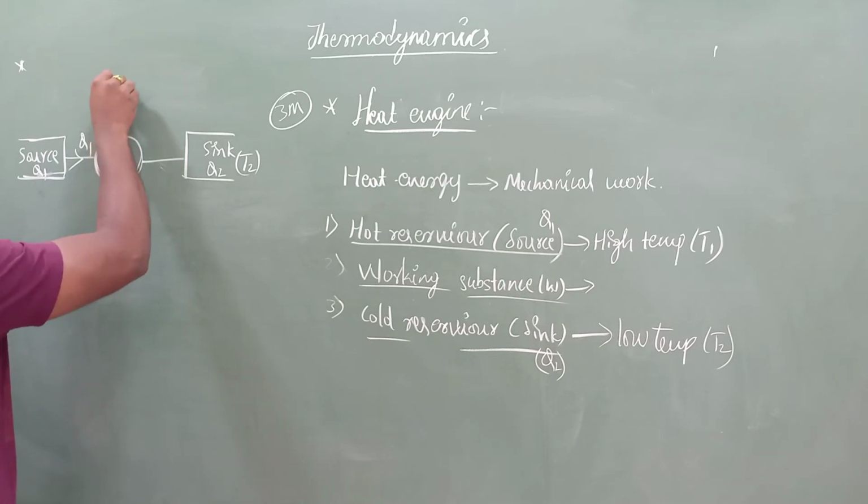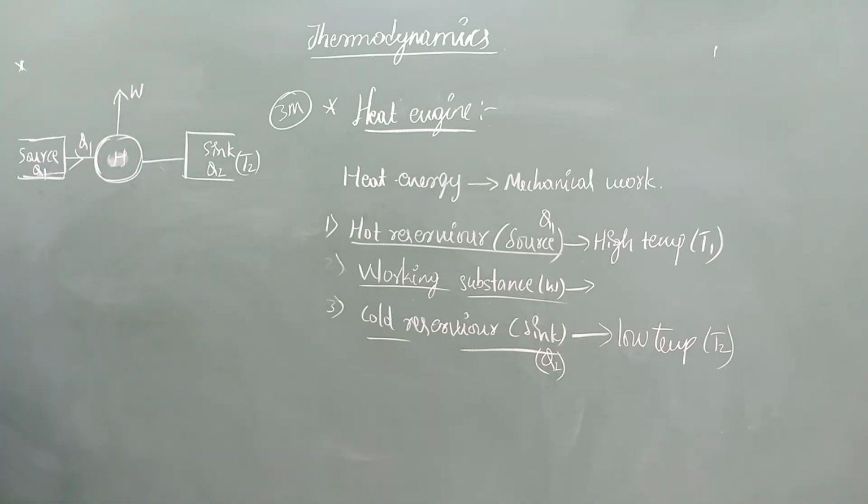Then it will start to do some work, which will be taken as W. For example, if you send heat to a system, if you take an ideal gas, next it comes in the Carnot cycle. There you can understand. What happens if the piston goes up? If the piston goes up, then we can say it is work done by the system, that we can observe.